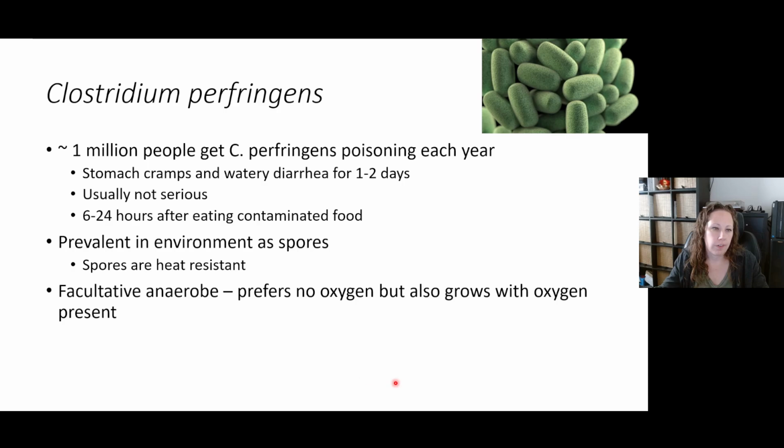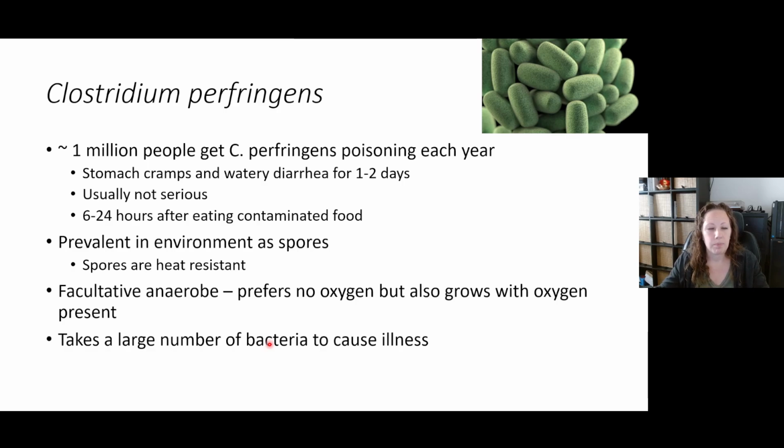Clostridium perfringens, they are facultative anaerobes. They prefer no oxygen, but they also grow with oxygen present. And it does take a large number of bacteria to cause illness. So we have to give them just the right conditions for them to grow and become a large number before they cause illness.